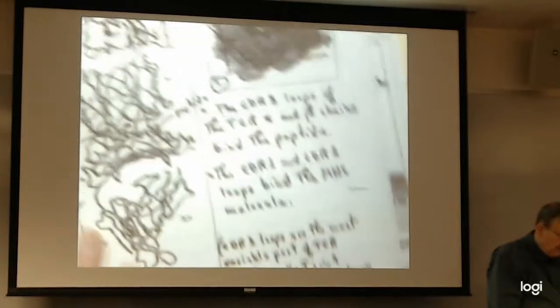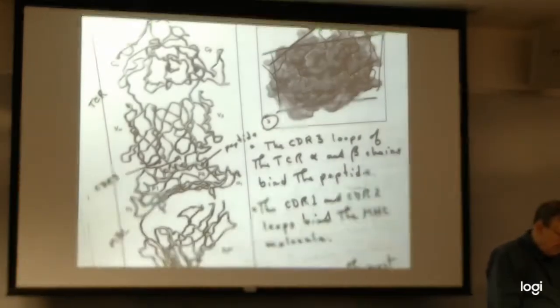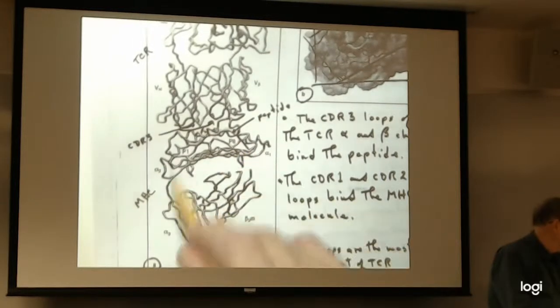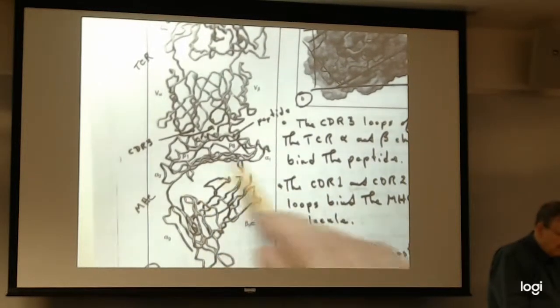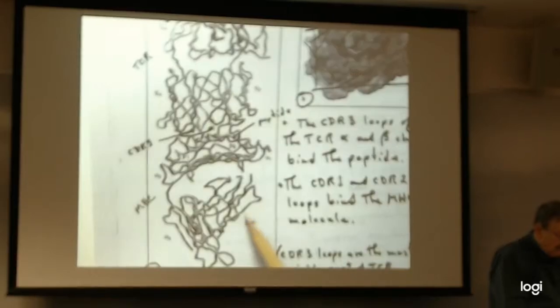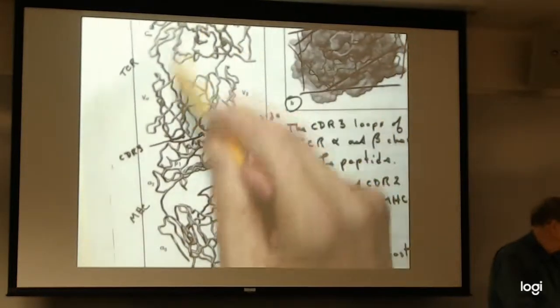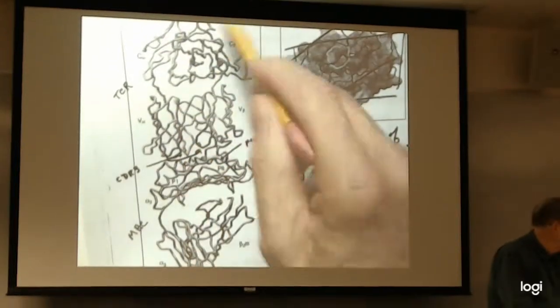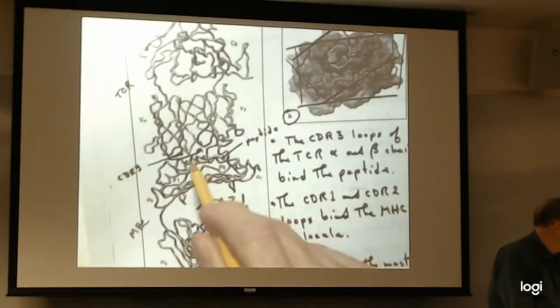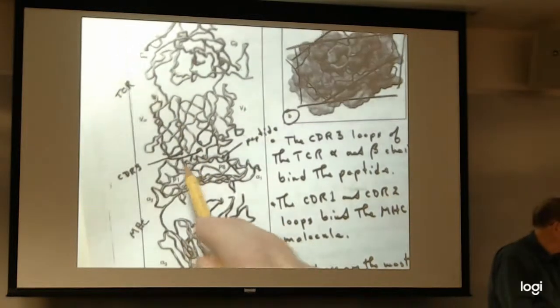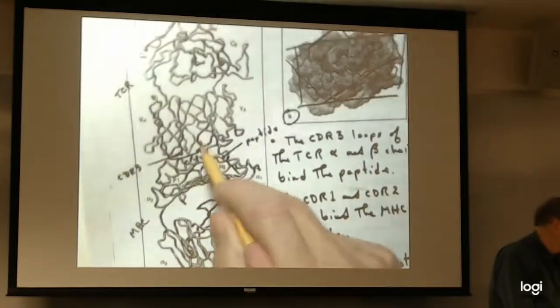I don't think I'm going to give you huge detail here, but again, I talked about this. Here is the structure of the MHC1 protein, and here is the peptide sitting in the groove. Here's the T cell receptor, the alpha chain and the beta chain, and there are just 2 loops. Okay, the CDR3 loop of the alpha chain and the CDR3 loop of the beta chain.